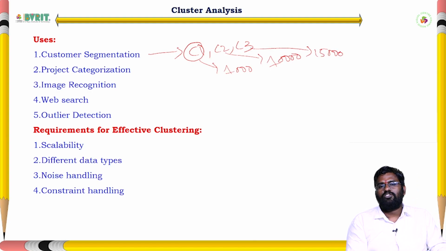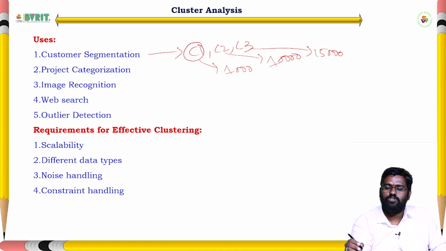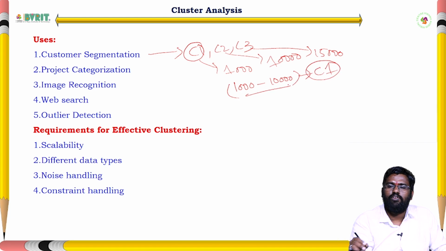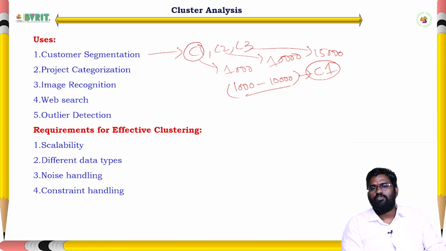Within that given range, we take the 1000 to 10,000 range and place it in one segment. Whatever members are within this belong to cluster 1. After that, we take another range and divide them into segments, just like parts.